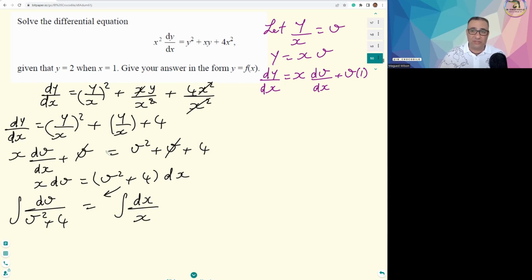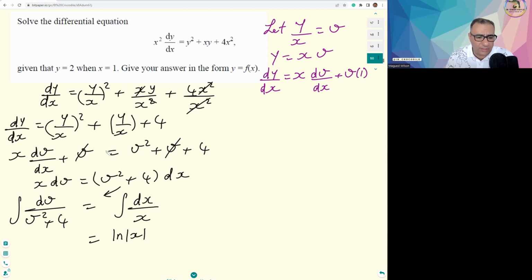Obviously you need to be a shark of integration in order to master differential equations. So you need to be very good in integration, and I can support you on that. So it's dv over v squared plus 4 equals the integration of dx over x. Now the right hand side is easy because the integration of 1 over x is just ln x, or basically ln of the absolute value of x, because we cannot have a negative number inside the ln.